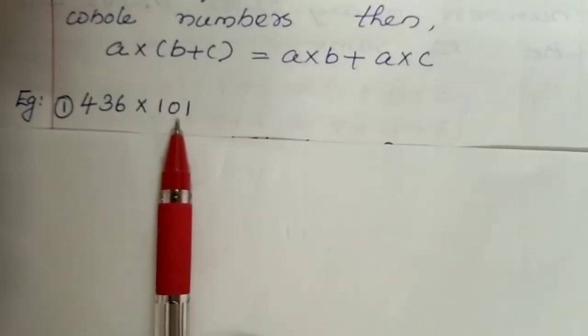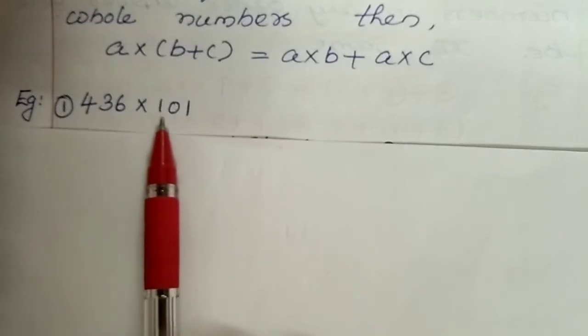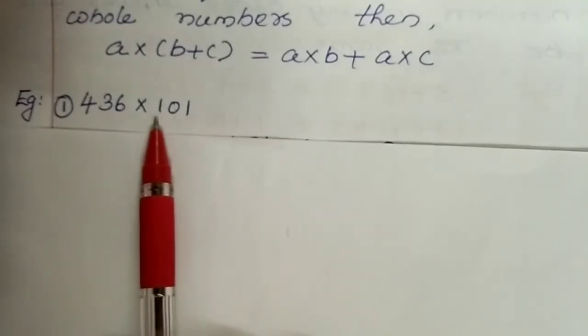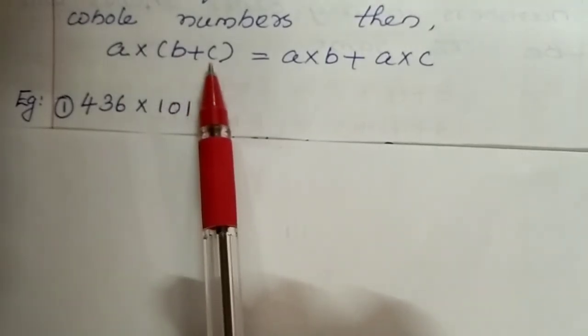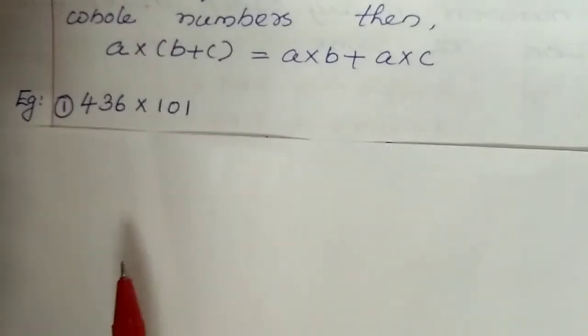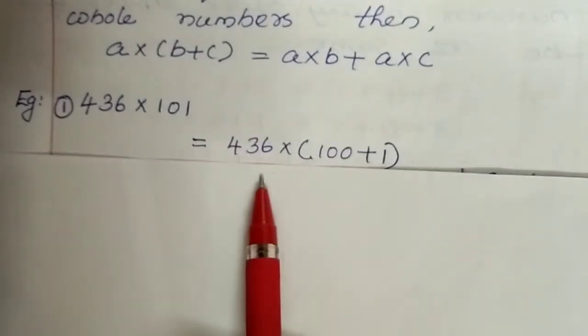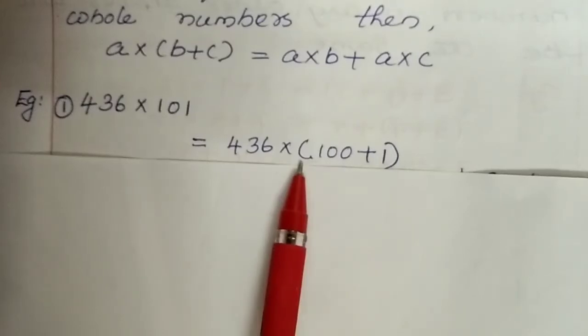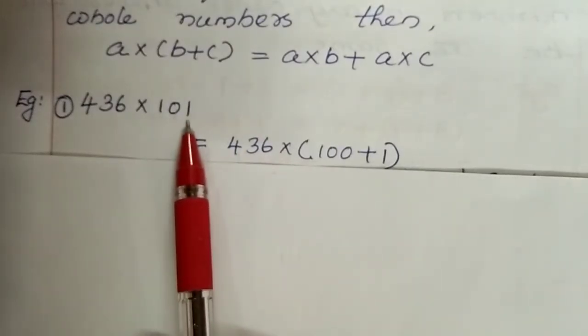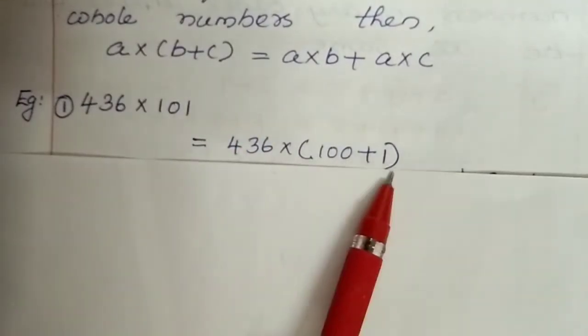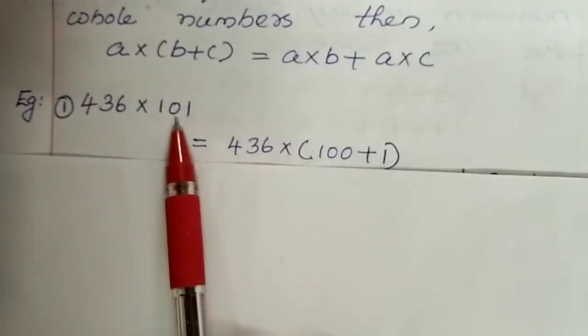Okay, then here we can change this question into the form of this distributive property. 436 into 101. We can write it as 100 plus 1. 100 plus 1 is 101.